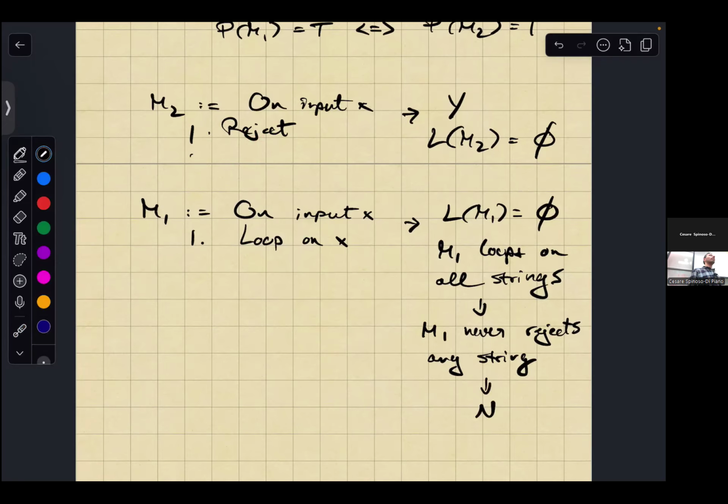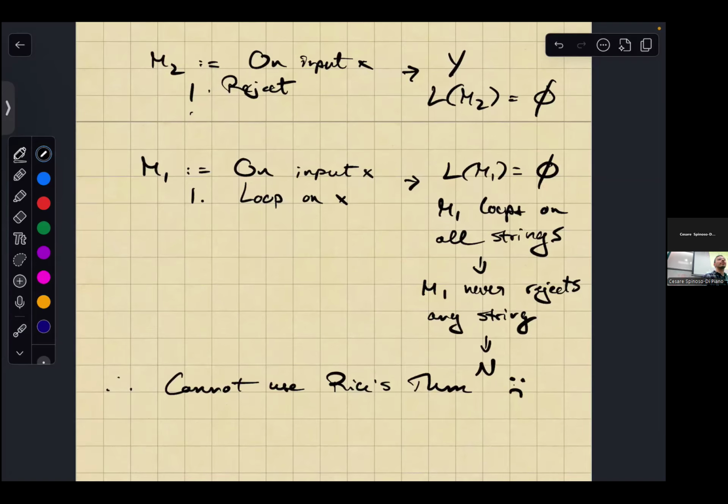Nice. Well, not nice because then we can't use Rice's theorem. So therefore, we cannot use Rice's theorem. That's a bit sad. In fact, what we need to do then to show that this decision problem is undecidable, because it actually is undecidable, is we need to give a reduction.